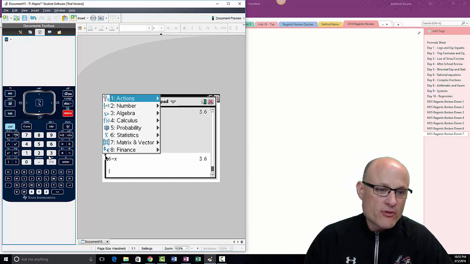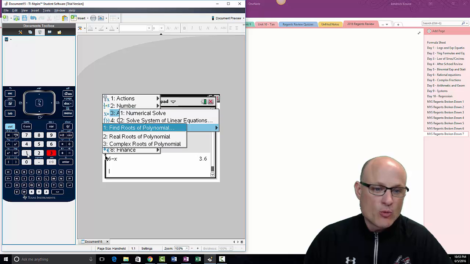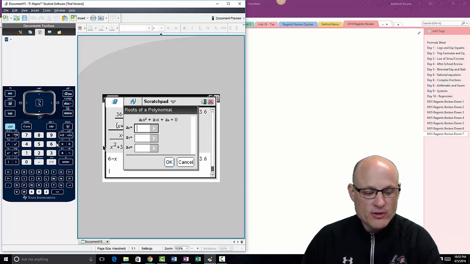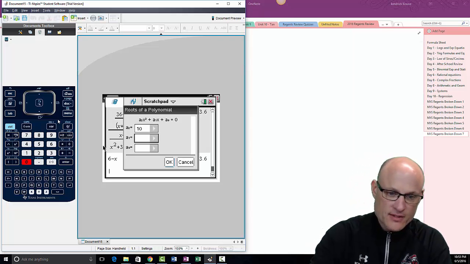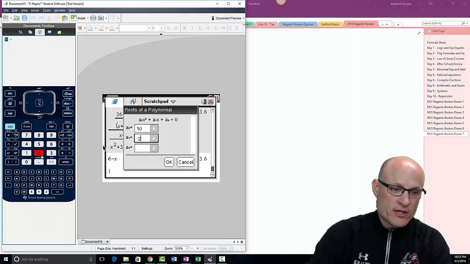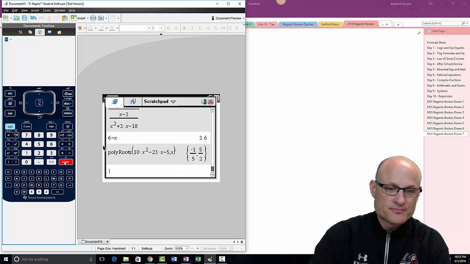You go menu 331, 3 for number, 3 for power tools, and 1 for finding the roots. We just click OK, and you just tell it what the 3 numbers are: 10, -23, and -5.